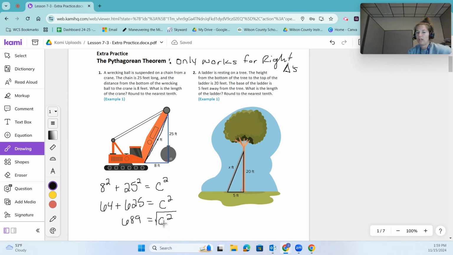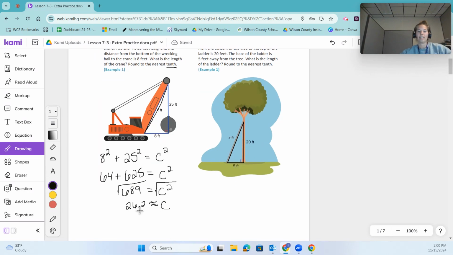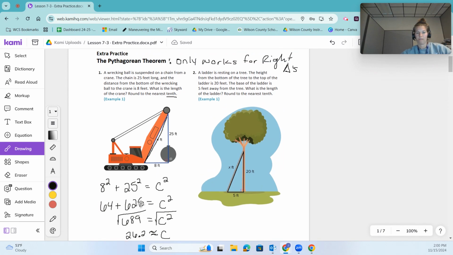So the square root of C squared is just C, because those things cancel each other out. The square root of 689 is approximately 26.24. This says round to the nearest tenth, so that 4 is going to tell this 2 to stay the same. So it's approximately 26.2 feet long.